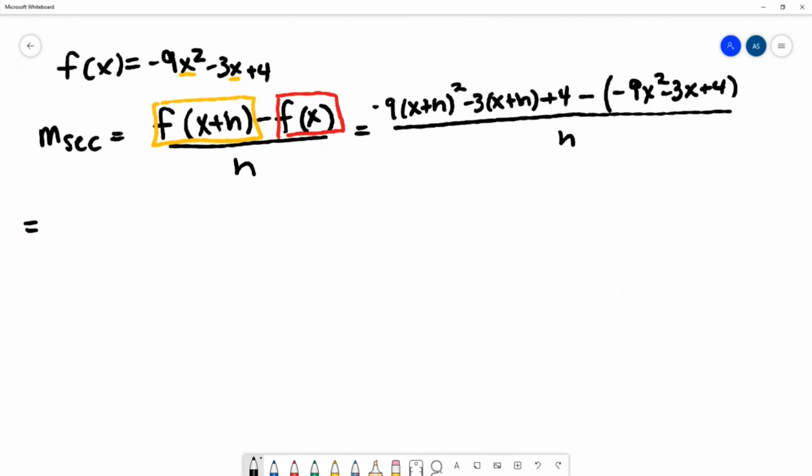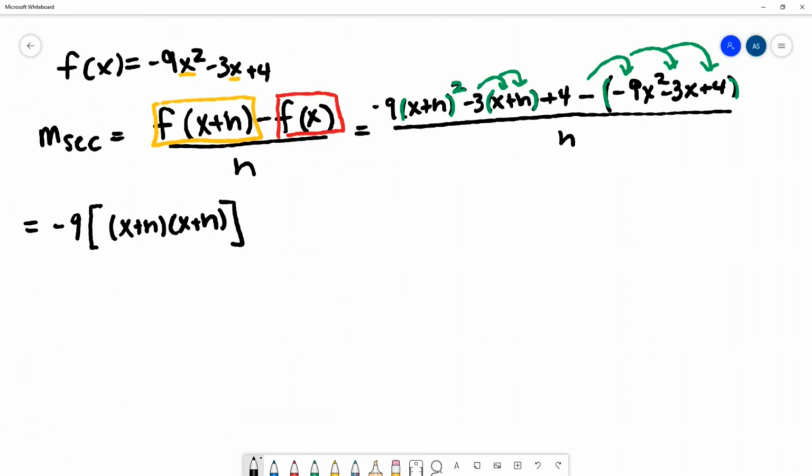Now we've got some algebra cleanup to do. I'm going to distribute this negative to the 3 terms so I can remove the parentheses. I also want to remove the parentheses here by applying the square. Remove the parentheses here by distributing the negative 3. So this will give negative 9 times x plus h times x plus h.